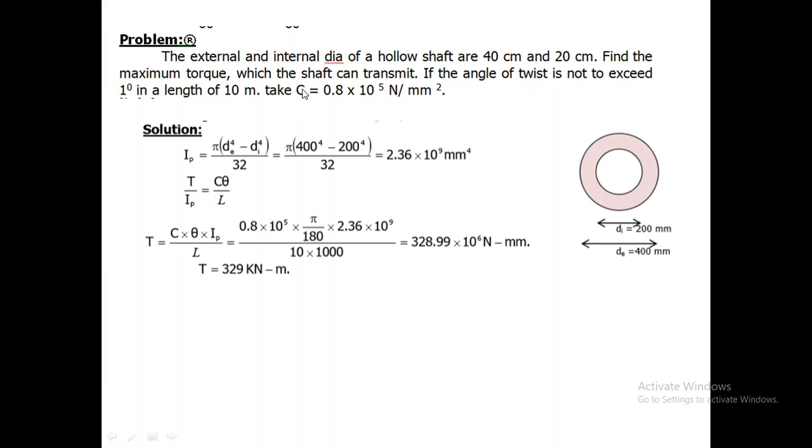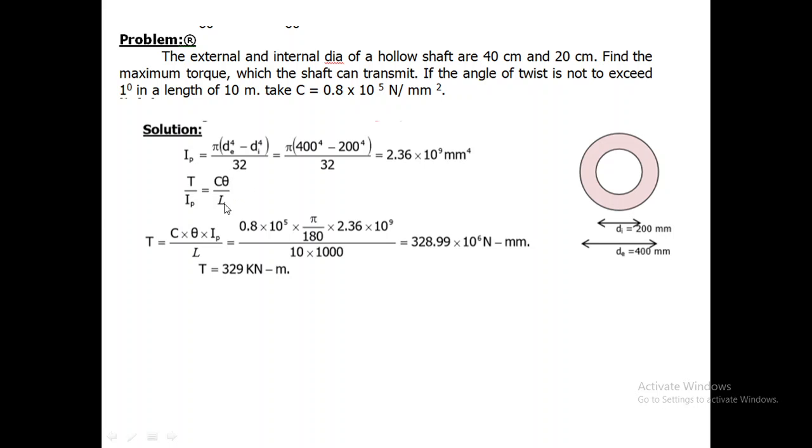Depending on the given data, we have to choose the part of the equation. Here I am using T by J is equal to G theta by L, where G is the modulus of rigidity. We are taking only this part of the equation because theta is given and length is given.